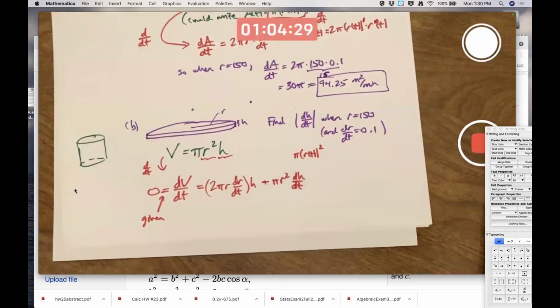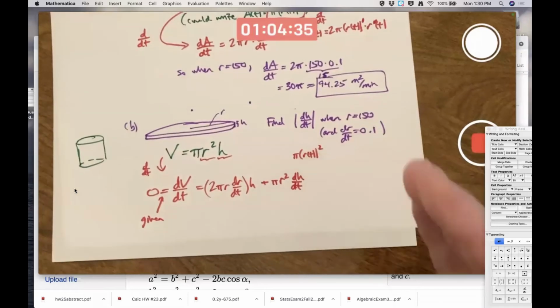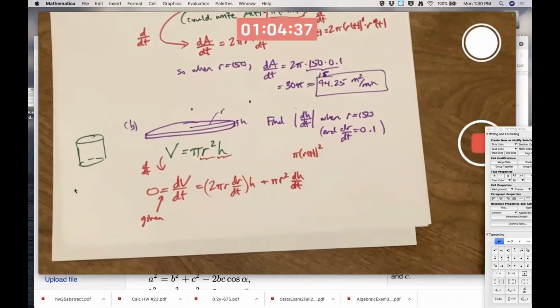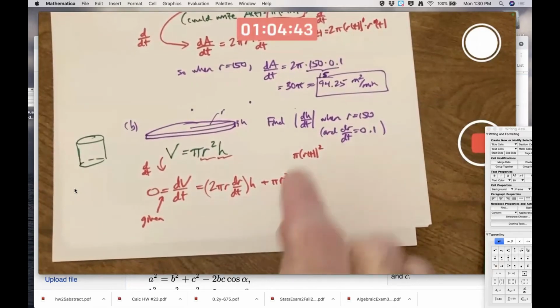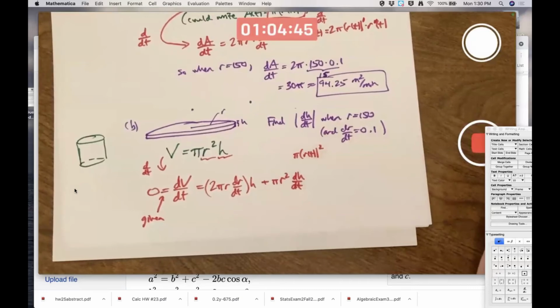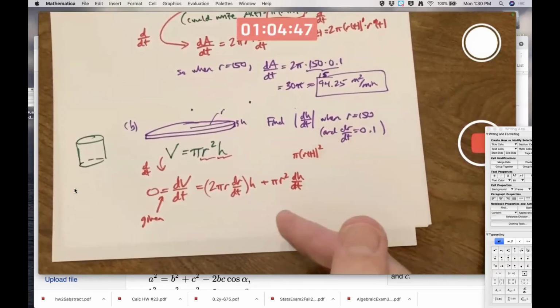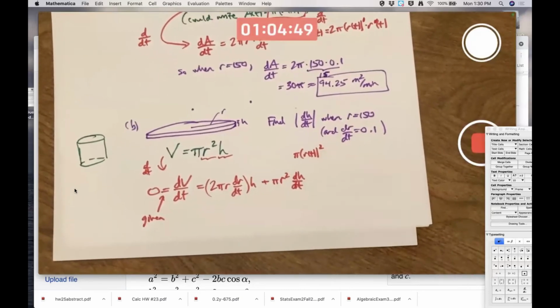And again, it doesn't matter that I don't have formulas for r and h as functions of t. I still have information about what r and dr/dt are, and that'll be enough to help me solve the problem. I want to find the absolute value of dh/dt. I better find dh/dt itself first. Solve this equation for dh/dt.